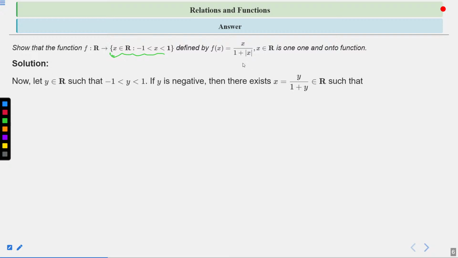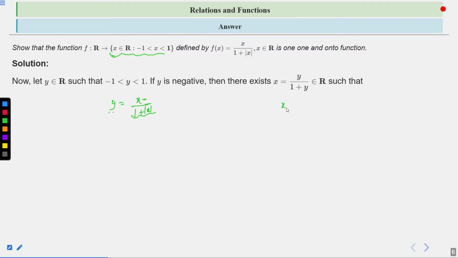Why? When y is negative, see, y is basically x upon 1 plus mod x, right? See, the denominator term is basically positive always, right? Because 1 plus mod x. Since y is negative, x should be negative, right?